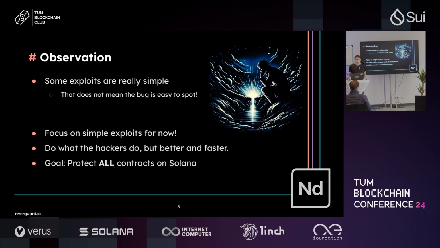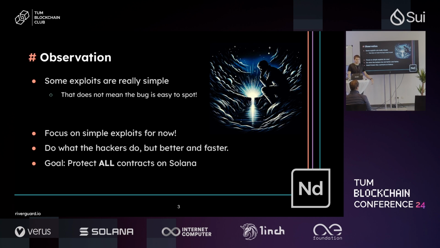So these are the bugs that we try to focus on, but we wanted to do it at a big scale and do what the hackers do, but better and faster. And in the end, the goal was to protect all contracts deployed on Solana from these kinds of bugs.